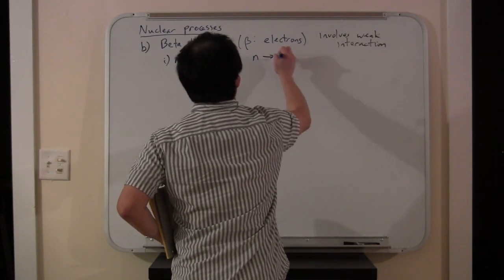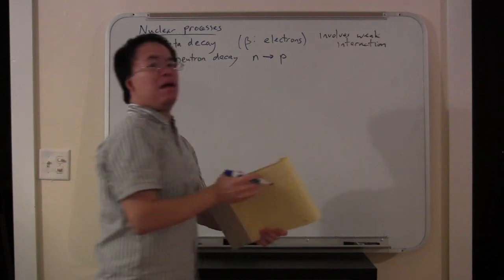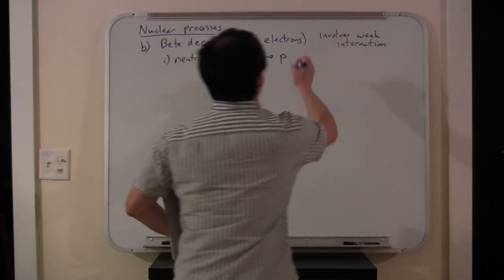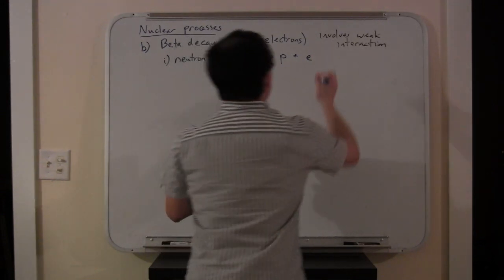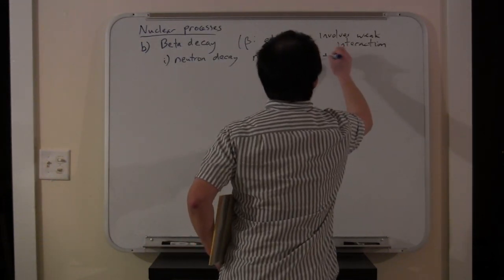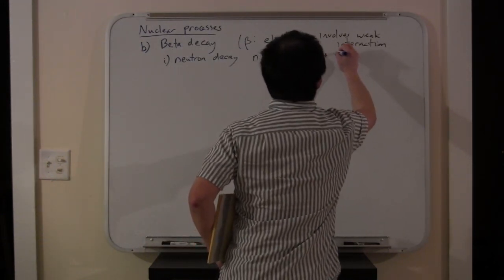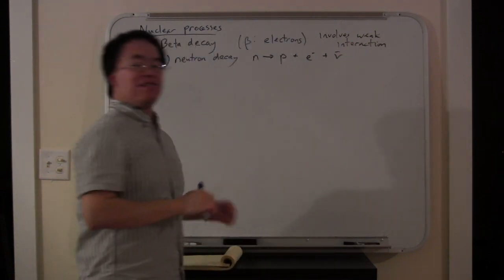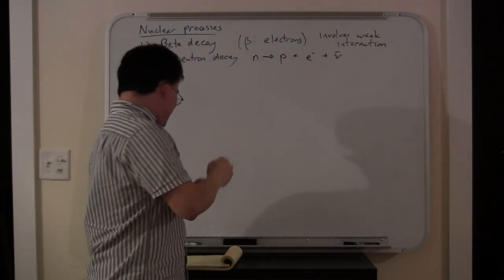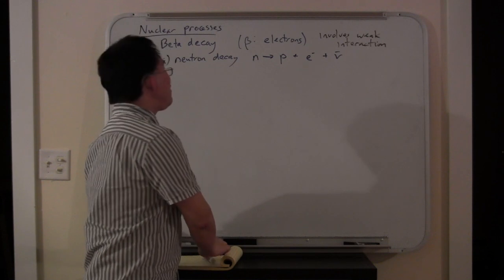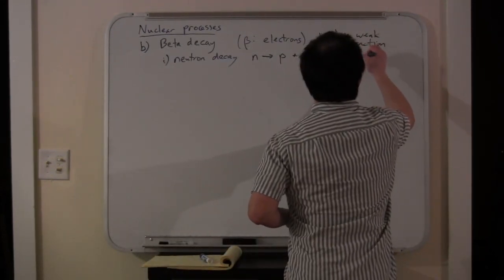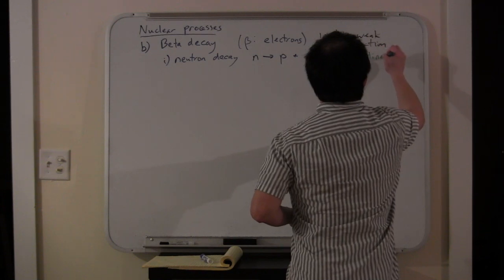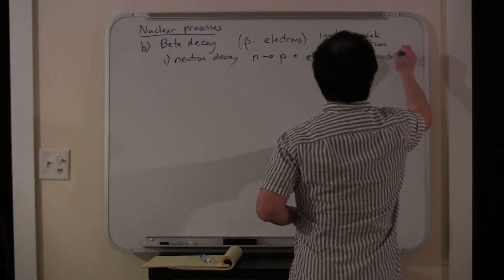Neutron becomes a proton, plus an electron, and an electron anti-neutrino. So let me just highlight what I'm doing here.